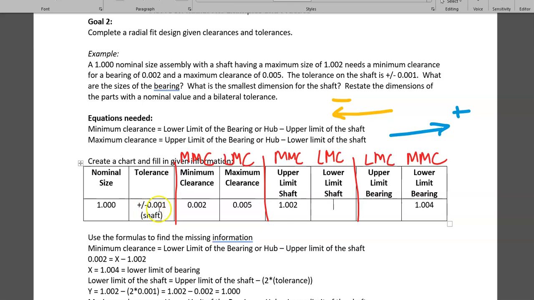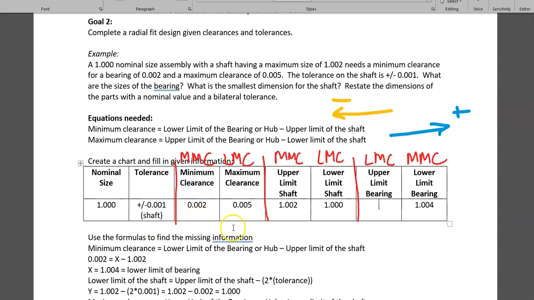If I subtract it once, I'll get the middle dimension. If I subtract it twice, I'll get the lower limit dimension. So if I take 1.002, subtract 0.001 times 2, I will get 1.000. Okay? That will give me that number. Now I can finally fill in this last number here in this chart.